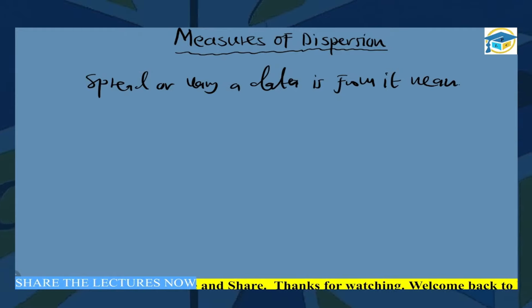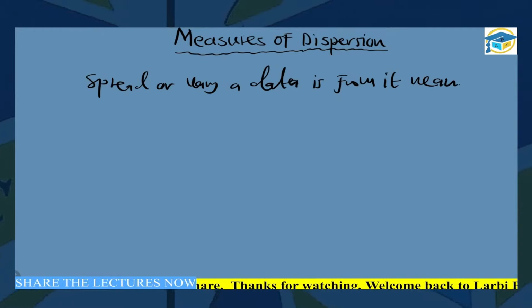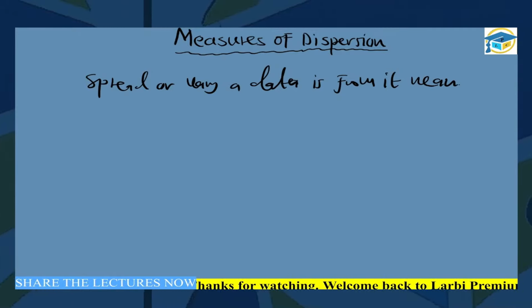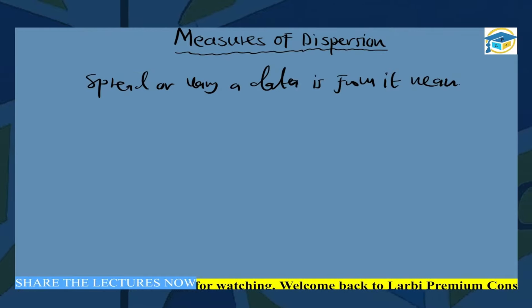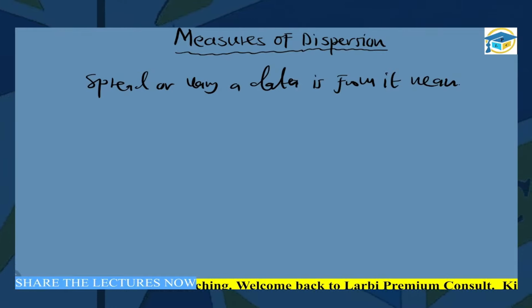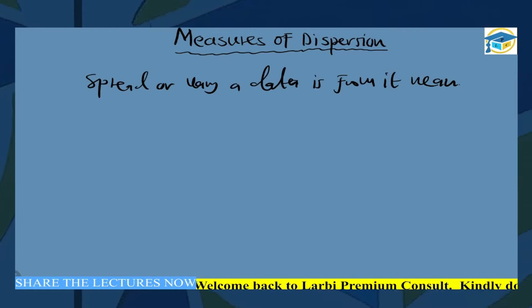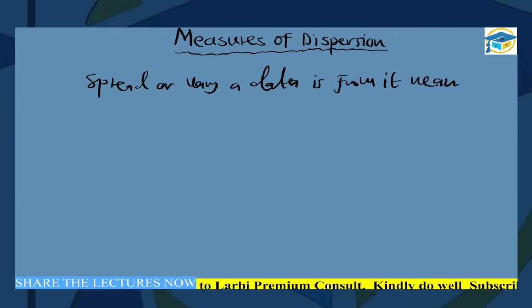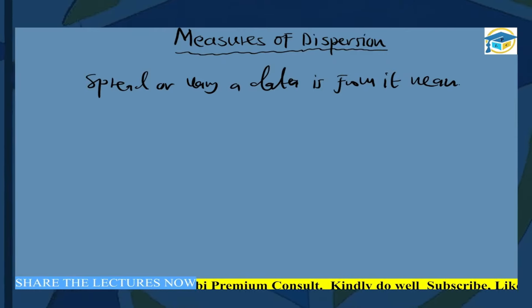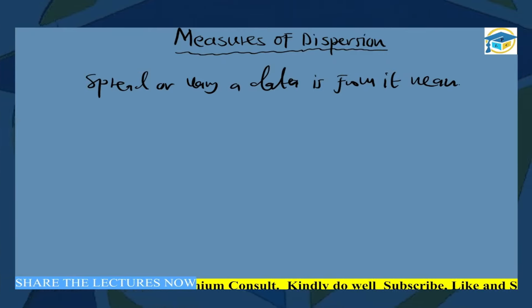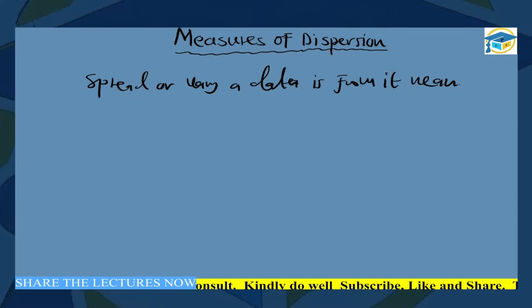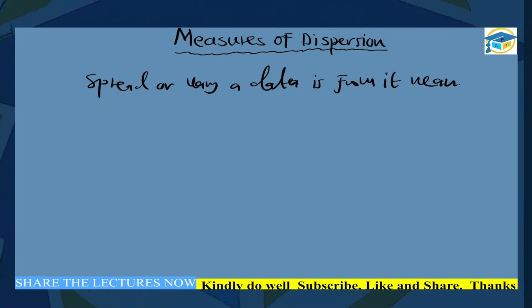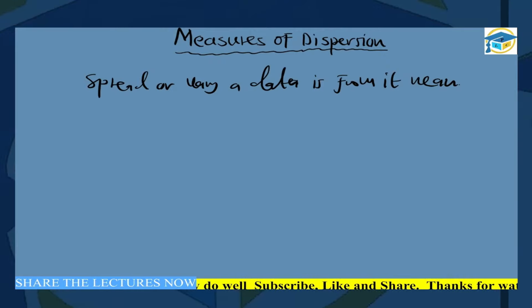The idea here is that if data are close to their mean, then the mean reflects a perfect representation of the data.